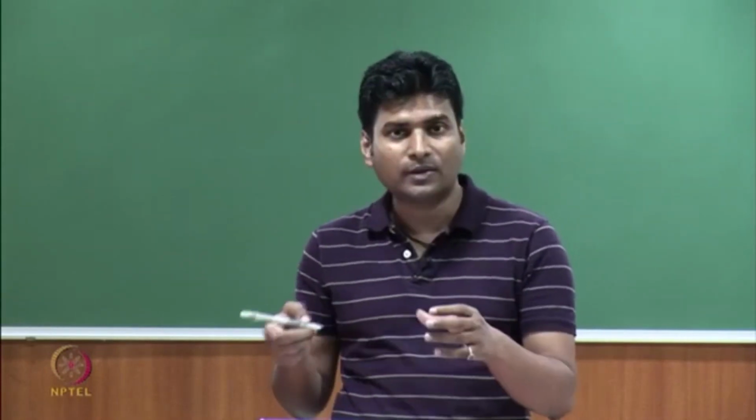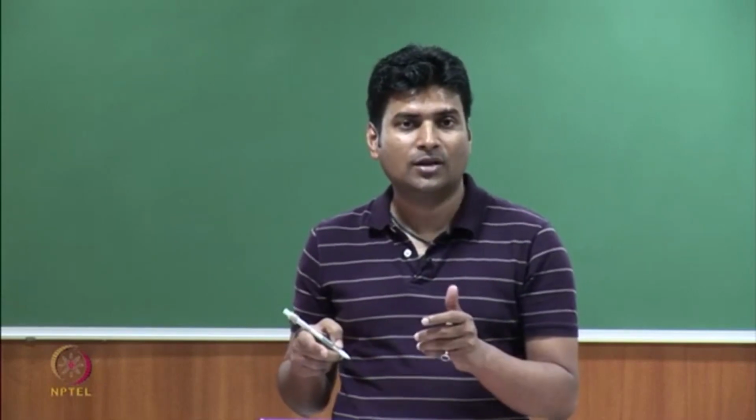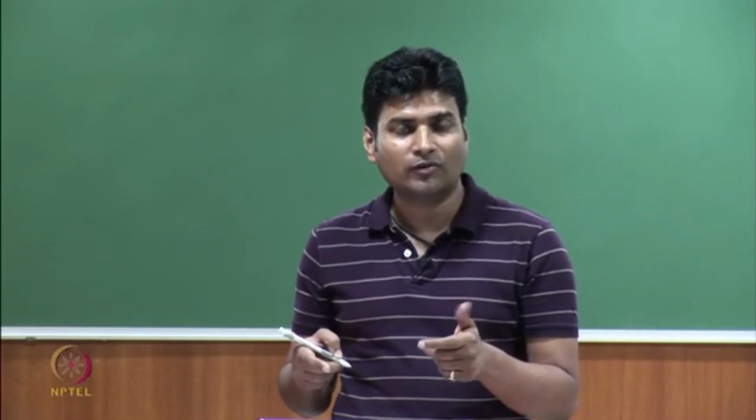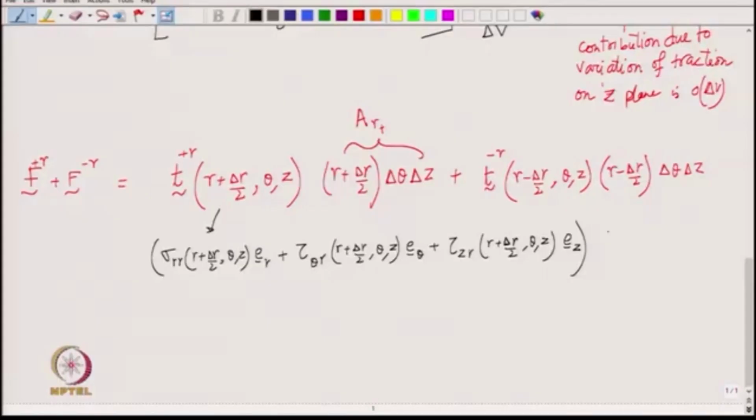So, when you do the Taylor's expansion, you will not have to do the Taylor's expansion of the basis vectors, you only have to do the Taylor's expansion of the components, right. And this then gets multiplied with small r plus delta r by 2 into delta theta into delta z, is it not. So, now let us just have a look at the first combination here.